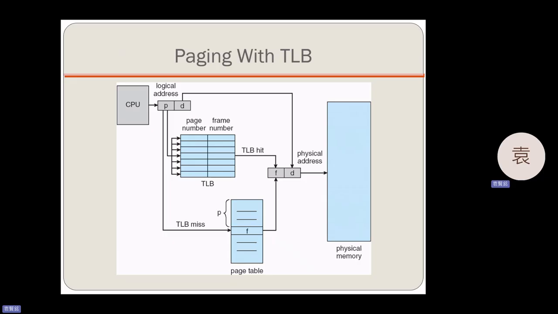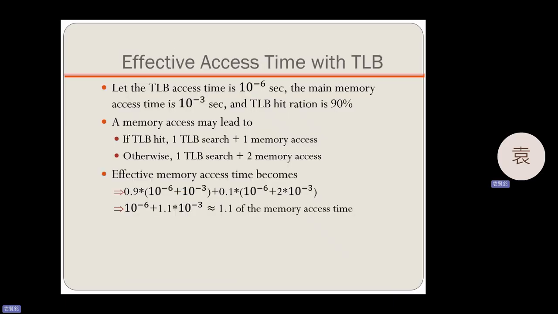So depending on the TLB hit or miss, the memory access time will be different. If the hit ratio of the TLB is high enough, then the effective memory access time will be reduced dramatically. Here is a simple calculation of effective access time with TLB.